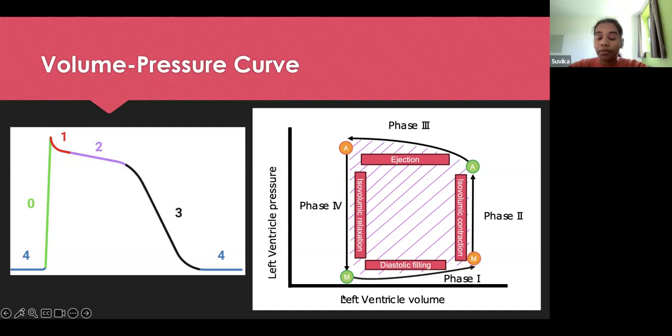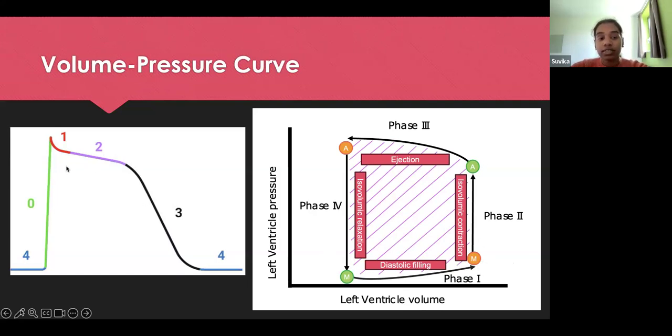So with your volume in the ventricles during phase 1, where you've just depolarized and you're entering into your plateau phase, that is your diastolic filling phase, where the heart is not contracting, but is passively filling with blood.